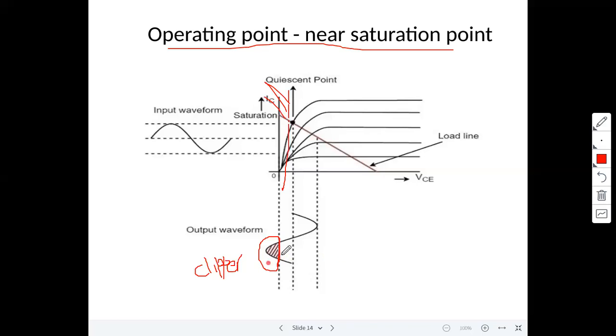That is the drawback. Whenever you choose the operating point near the saturation point, the negative portion is clipped off, and the circuit acts as a clipper, not an amplifier.